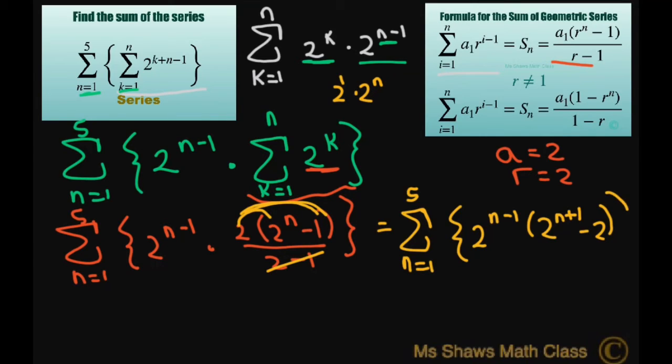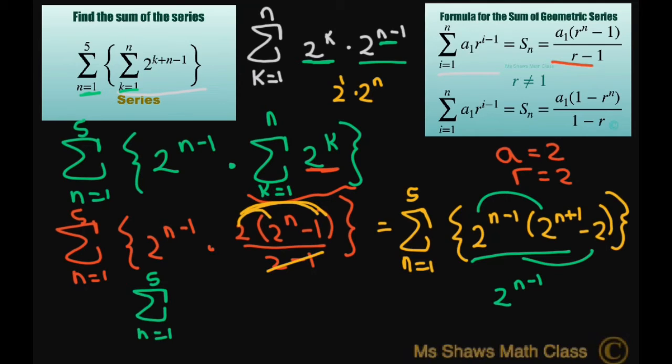All right. Now, let's go ahead and clean this part up and multiply these two. So basically, when you multiply these two together, we're going to get the sum of n equals 1 to 5. And this is going to be 2 to the power of n minus 1 plus n plus 1.